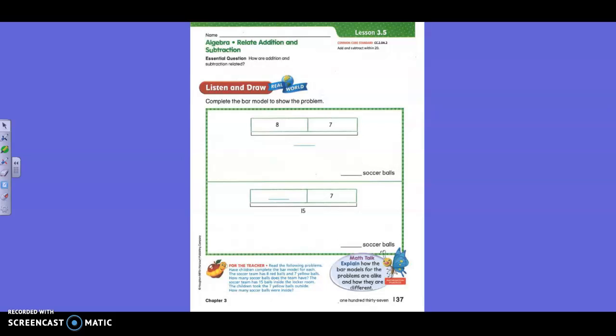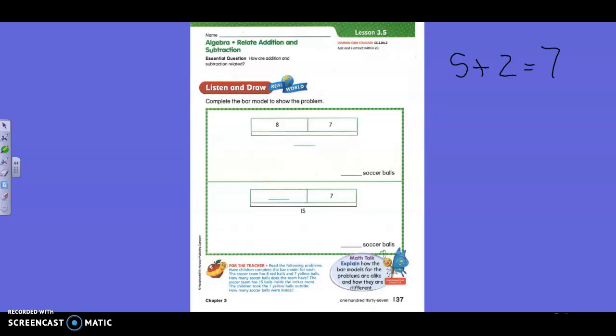How would I write that addition sentence? I have 5 plus, because I find 2 more, right? And so how many do I have, everyone? 7. 7 bears, okay?